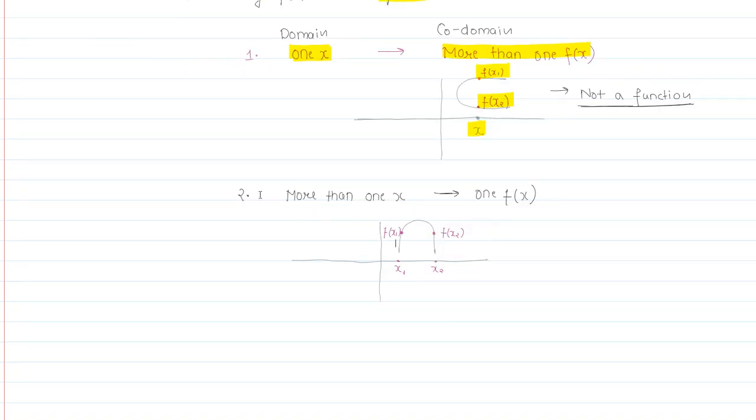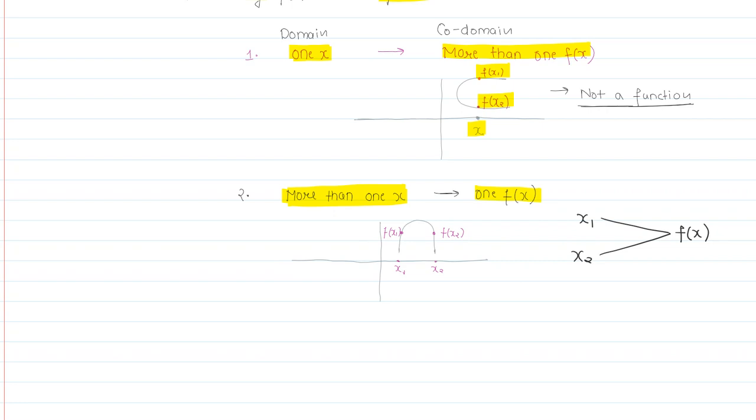In the second case, there can be more than one x, and there is only one f(x), in the sense that x1 and x2 lead to the same value f(x).